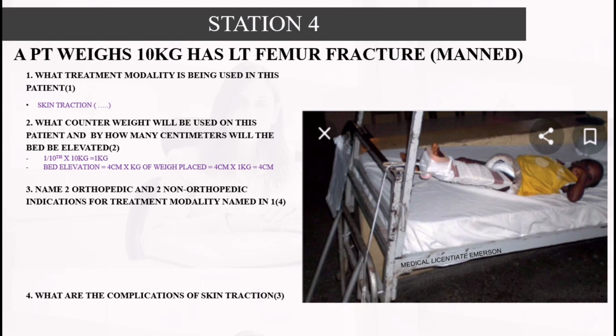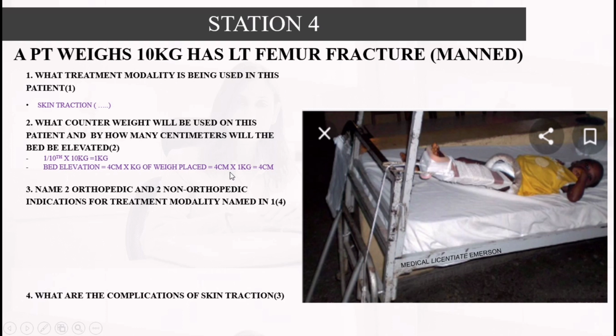Then by how many centimeters will the bed be elevated? So for bed elevation, there is a formula, which is 4 centimeters multiplied by the kg of weight placed. So the weight placed is 1 kg. So 4 centimeters for every kg we have, and we just have 1 kg.